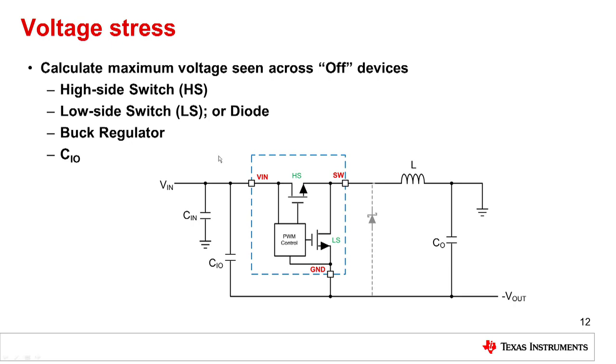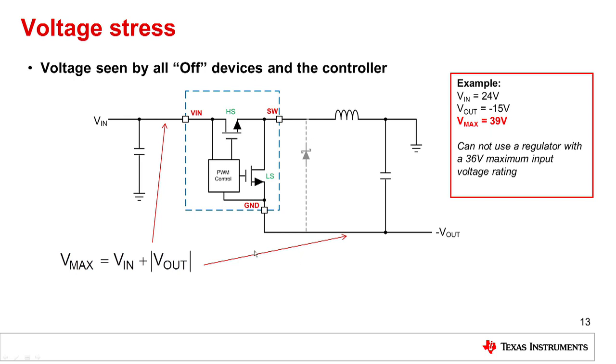So essentially we have to look at the voltage stress across all of the off devices. At one part of the cycle the high side switch is turned off, and at another part of the cycle the low side switch is turned off, and the buck regulator itself is connected between Vin and minus Vout, so we have to look at the stress between those two nodes as well.